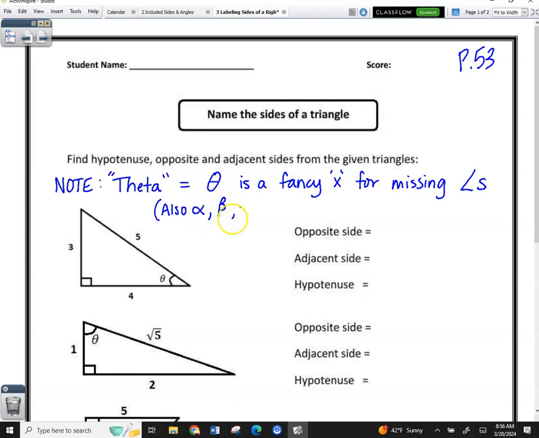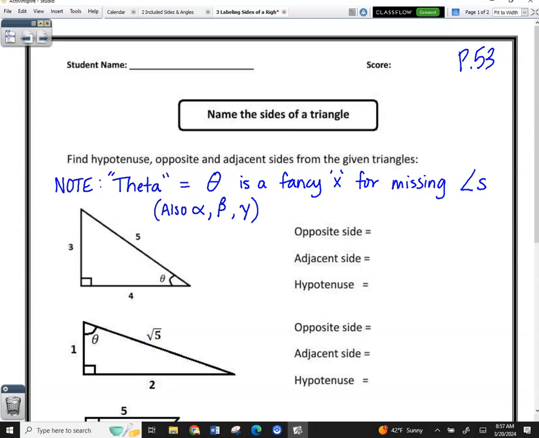And then there's gamma, which looks like a Y with a hook. Alpha and beta may come up in here, but when they do, I'll remind you what they are. But theta is the one that's in here the most, okay? So anytime you see theta, it means a missing angle that we don't know. It's a variable, like a fancy X.